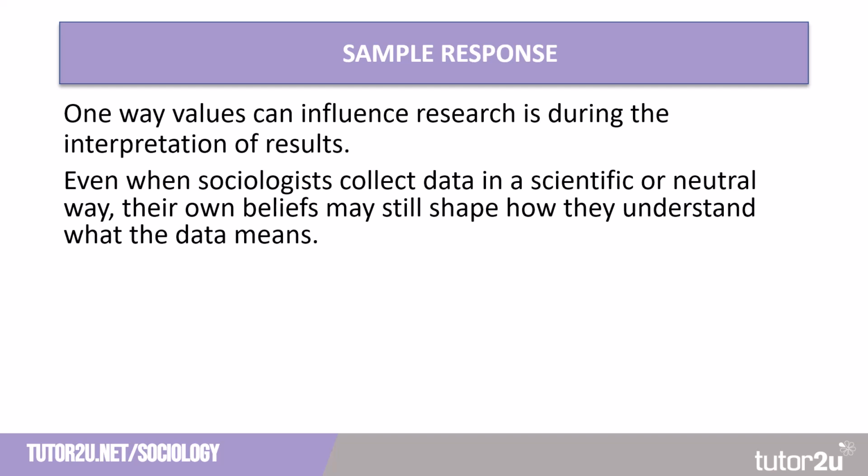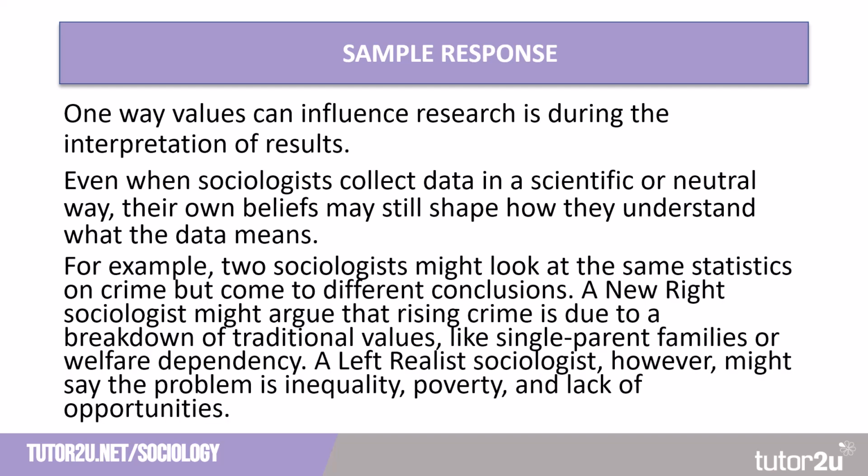Let's use an example. For example, two sociologists might look at the same statistics on crime but come to a different conclusion. A new right sociologist might argue that rising crime is due to a breakdown of traditional values, like single-parent families or welfare dependency. A left realist, however, might say the problem is inequality, poverty, and a lack of opportunities.